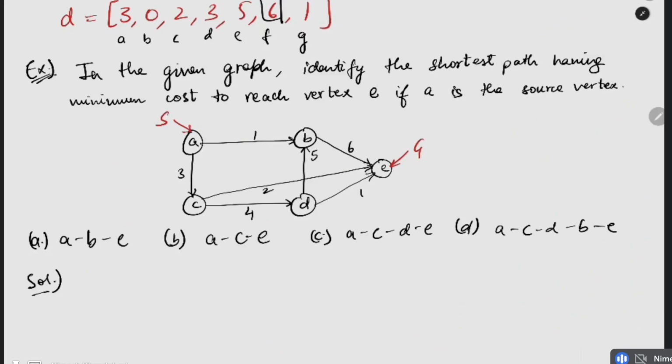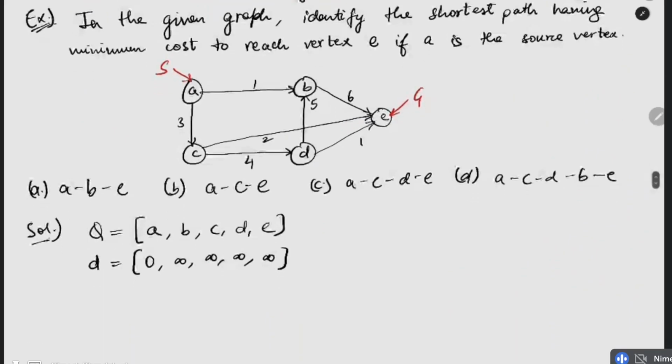So again, we'll use Dijkstra's algorithm. The priority queue, we populate with all the vertices A, B, C, D, E, and the D values for each of them. For A, it is 0, and for all others, we initialize as infinity.